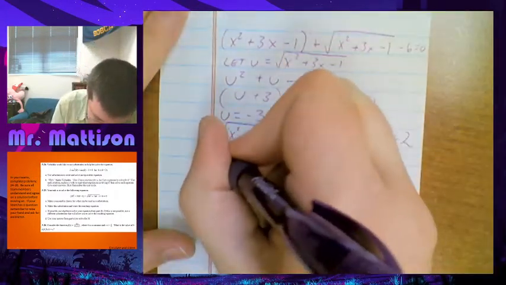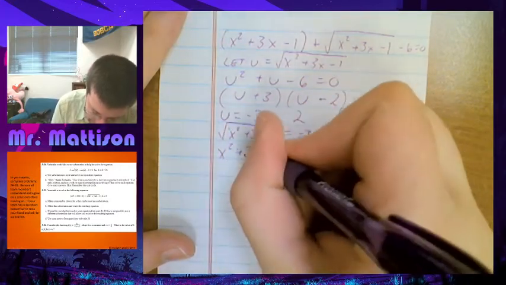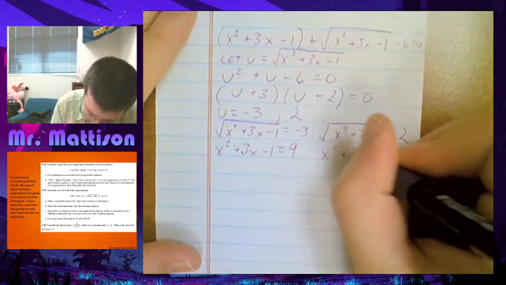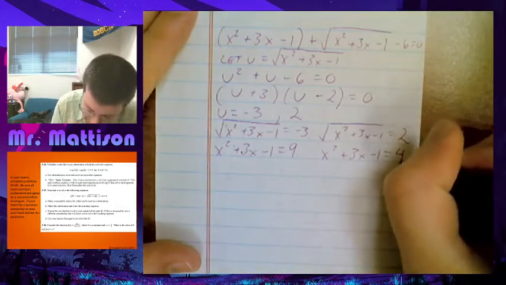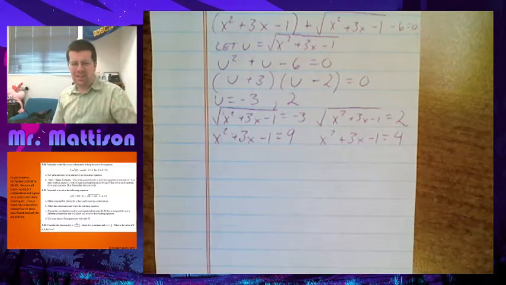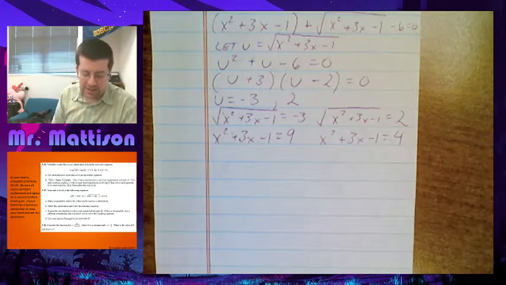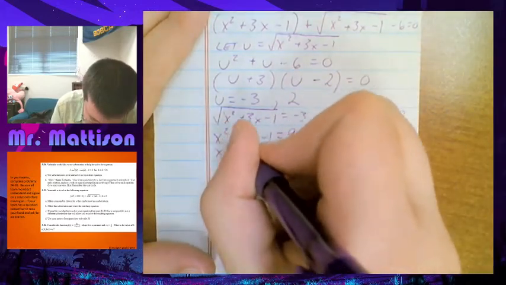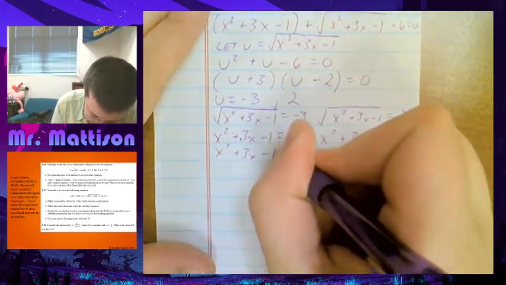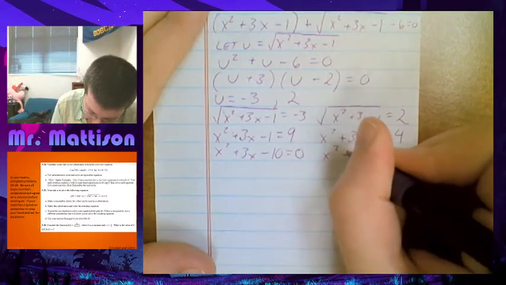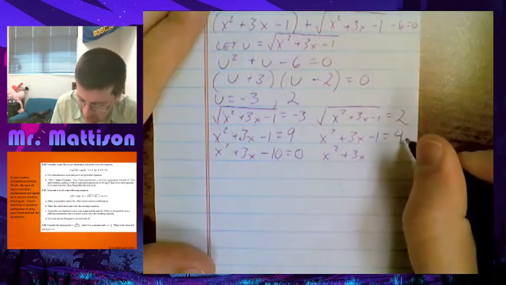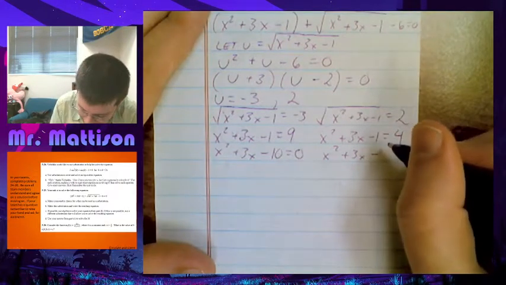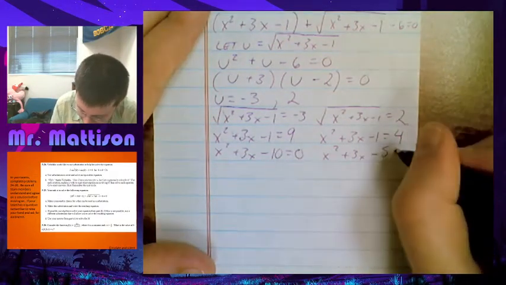So I get x squared plus 3x minus 1 equals 9, and x squared plus 3x minus 1 equals 4. I'm going to be solving these out at the same time because I'm doing the exact same steps effectively. Subtract over that 9, and I get x squared plus 3x minus 10 equals 0. Here I get x squared plus 3x, I subtracted over the 4, so I get minus 5 equals 0.